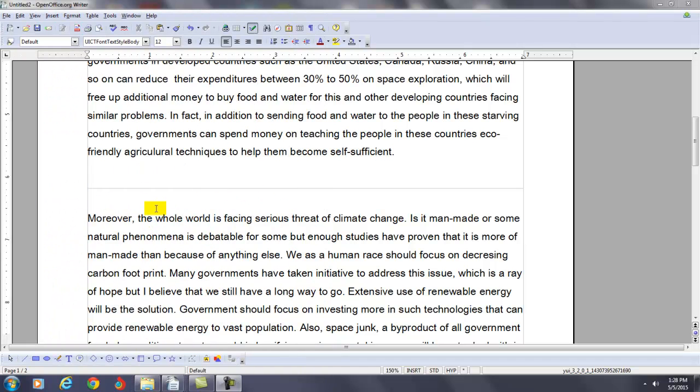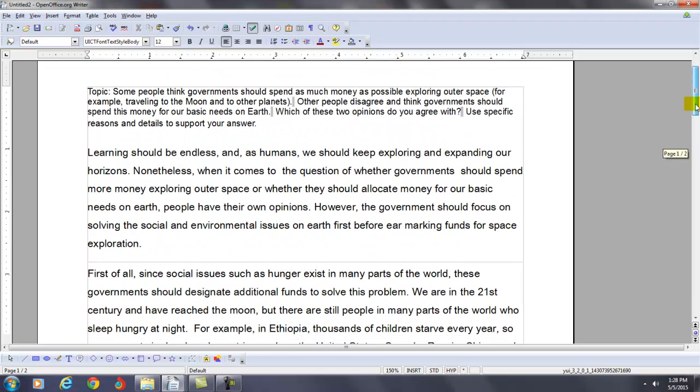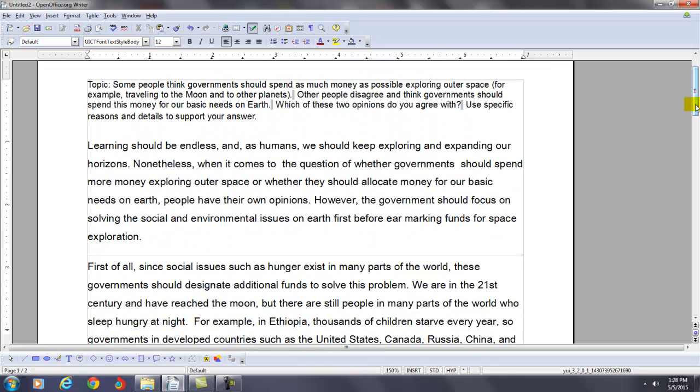Alright, let's take a look at your next paragraph here. So you see the whole world is facing serious threat of climate change. See, the problem is you're framing your topic sentence more as a fact, but it doesn't do much to really develop the argument you're trying to make. So if you go back to your thesis and you look at what you've said there, you're saying the government should focus on solving social and environmental issues on Earth first before earmarking funds for space exploration.